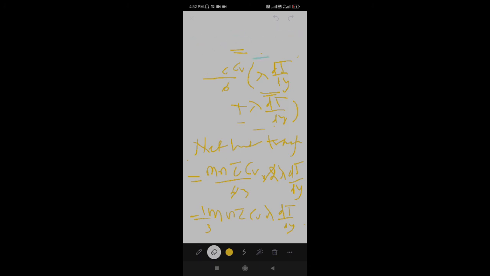But actually what do you want to find here? Which constant describes the thermal conduction? Coefficient of thermal conductivity. What is the general formula for coefficient of thermal conductivity? K is heat by temperature gradient dT by dy.